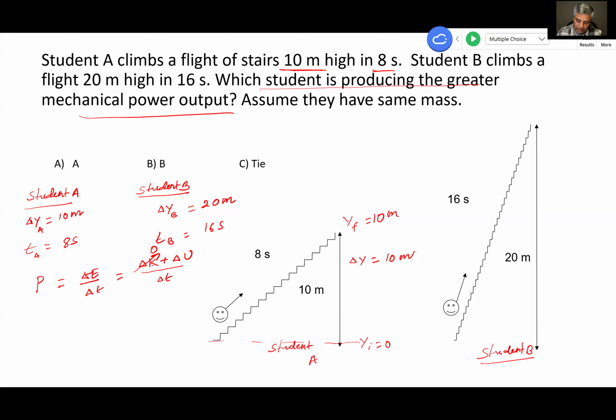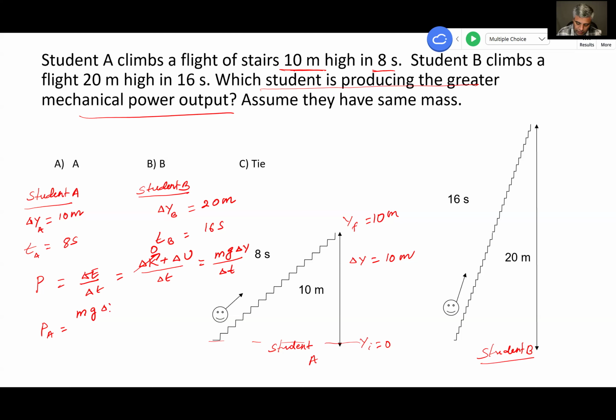So we can safely assume that the kinetic energy is not changing. Only the potential energy, which is gravitational potential energy in this case. There is no elastic potential energy involved, no string or spring attached, right? So that means it's going to be just mg delta y over time interval. Now if we use that for A, m is same for both, g is same for both.